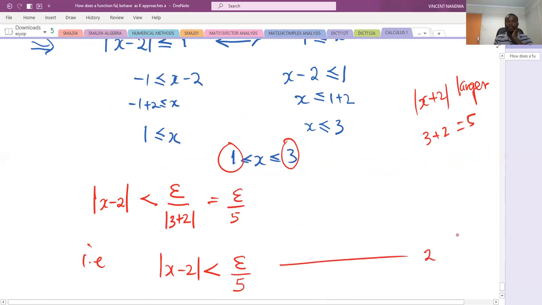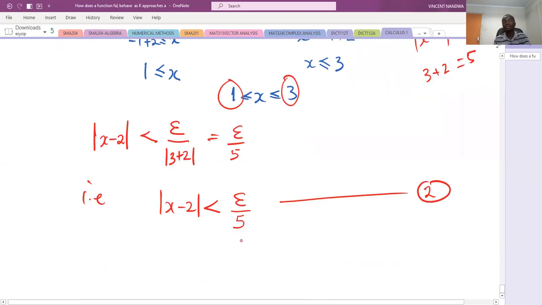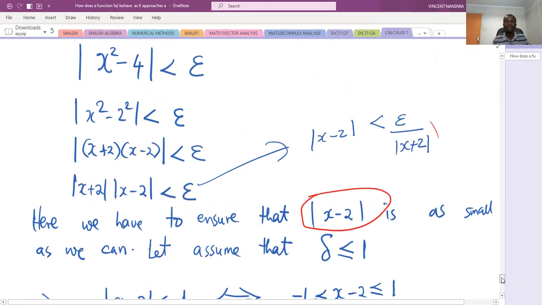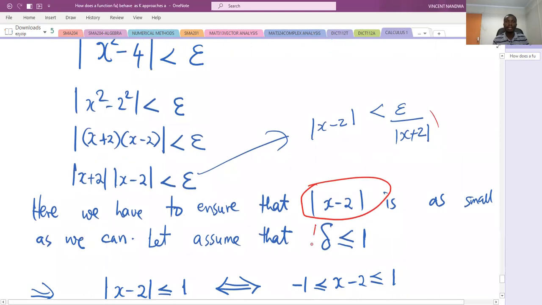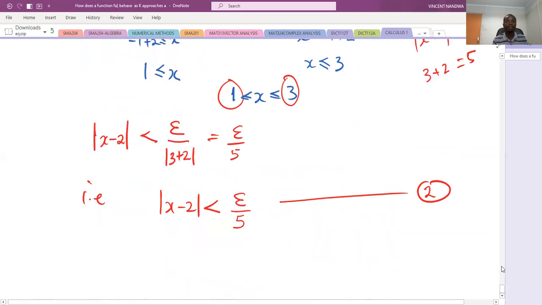Call this equation 2. But now you see here, there are two things. Remember, we have to relate to get the value of delta, which is positive and as small as we can. If you compare equation 1 and equation 2, then you can say delta equals epsilon over 5. But before you go to this epsilon over 5, we have already assumed that delta is less than or equal to 1. So there'll be two values of delta, 1 and this epsilon over 5.